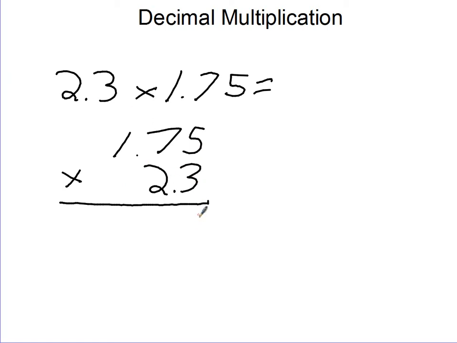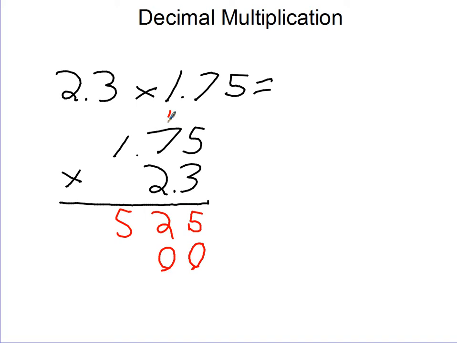3 times 5 is 15. Carry the 1. 3 times 7 is 21, plus 1 is 22. Carry the 2. 3 times 1 is 3, plus 2 is 5. Get rid of my carries. Start with the 0. 2 times 5 is 10.